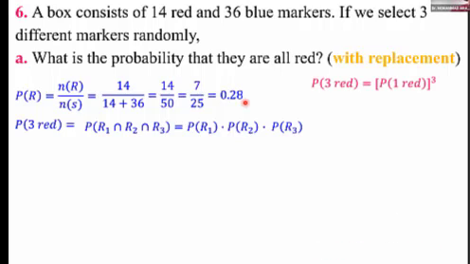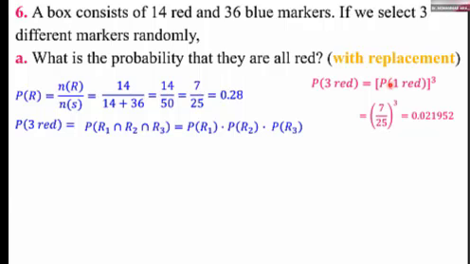So probability of 1 red to the 3rd, and we end up with 0.021952. So in short, with replacement, the probability doesn't change. Of course, 14/50, then simplify to the 3rd power.